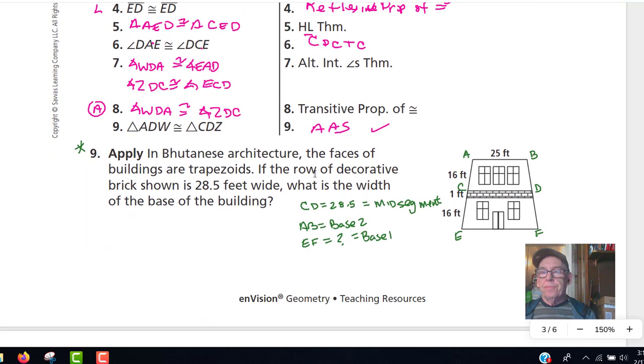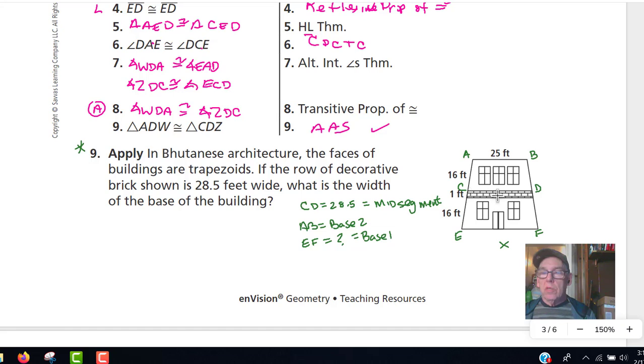For number 9, in Bhutan, some of their buildings are in the shape of trapezoids. So they're basically telling you that one of the bases is 25 feet. The other base we don't know, so you have to find that.